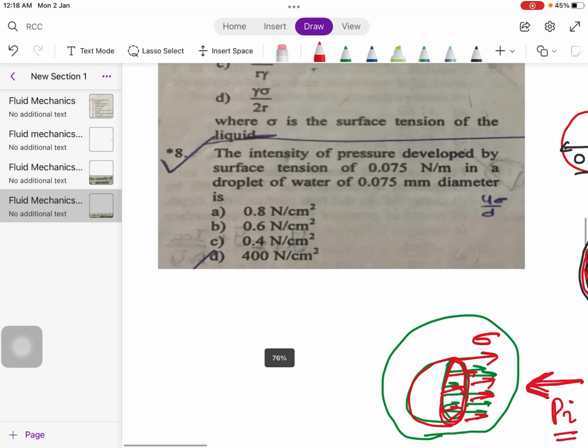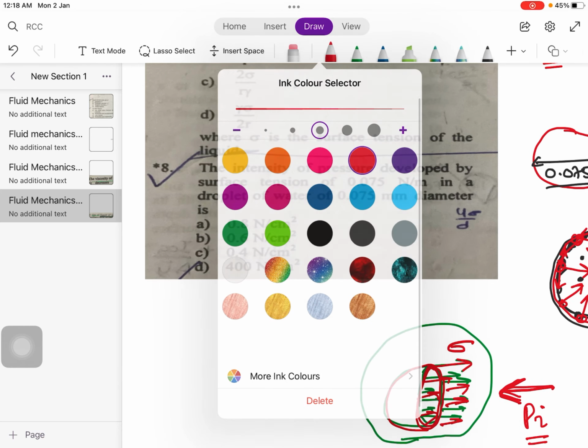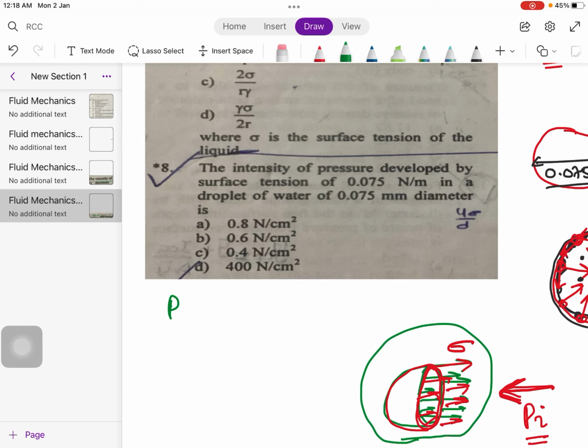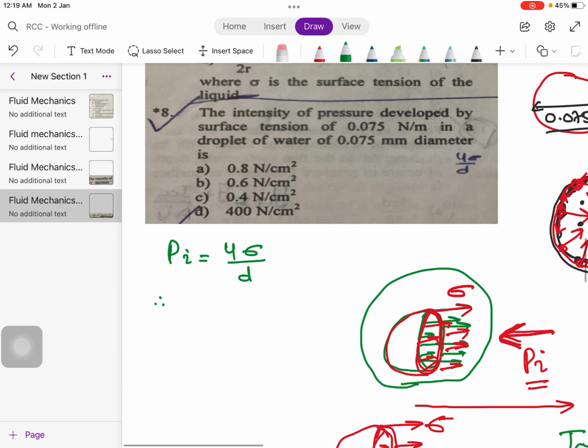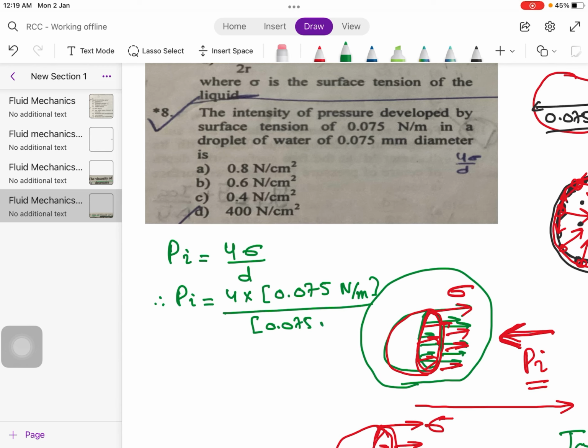The formula, as we now understand, is pressure inside a water droplet is 4 times the surface tension upon the diameter. Plugging in the values given in this question, sigma is 0.075 Newton per meter, and the diameter is 0.05 millimeters.